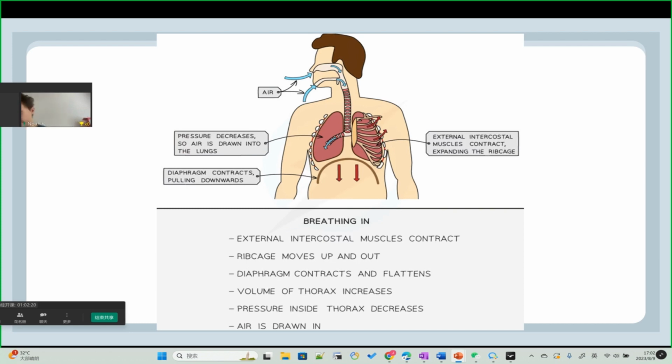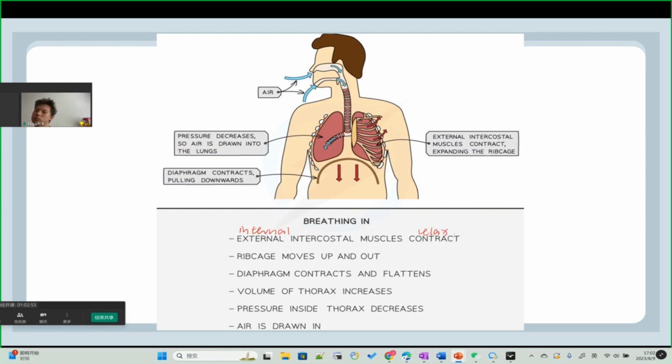And actually, the true movement is caused by the internal one. And for breathing in, you can imagine that if the ribs want to move out, and the volume will increase, so the internal intercostal muscle will relax. Because if the internal muscle still contract, then the volume will get smaller.